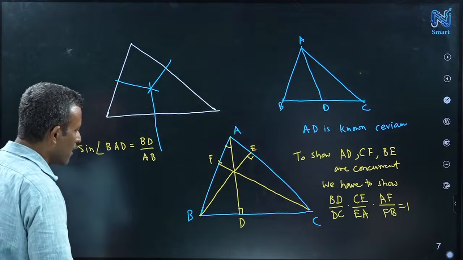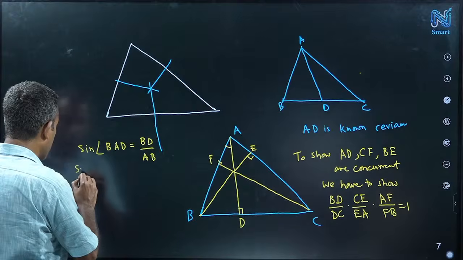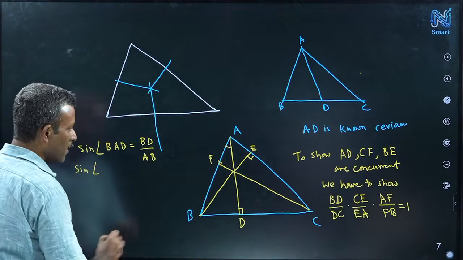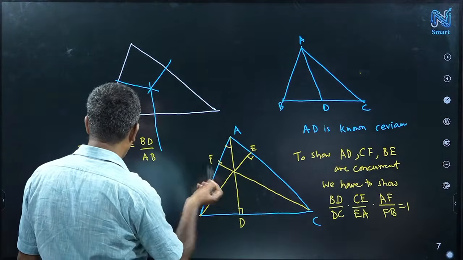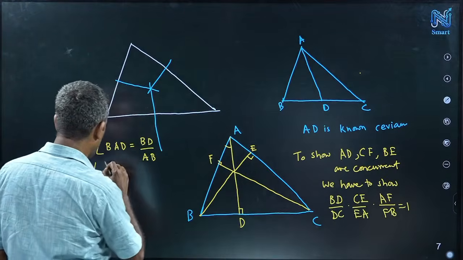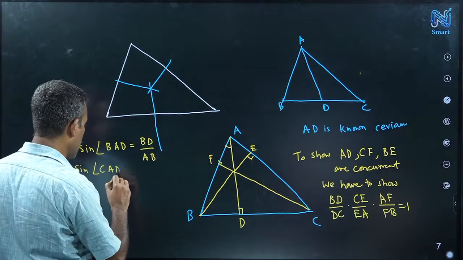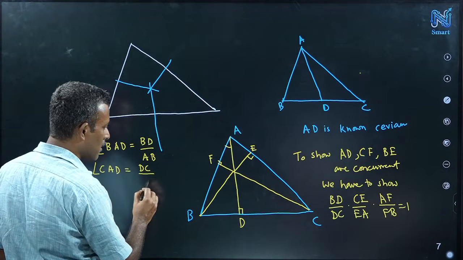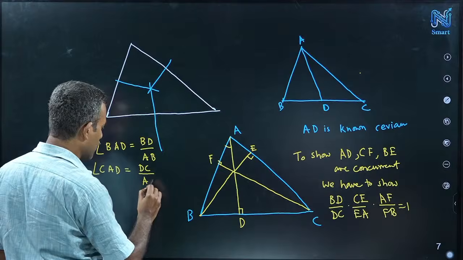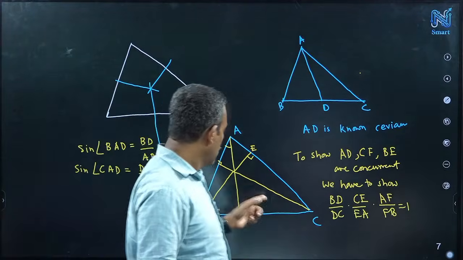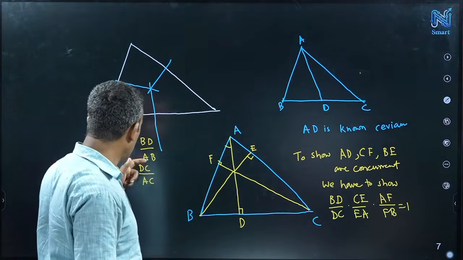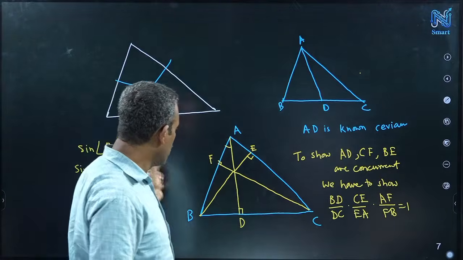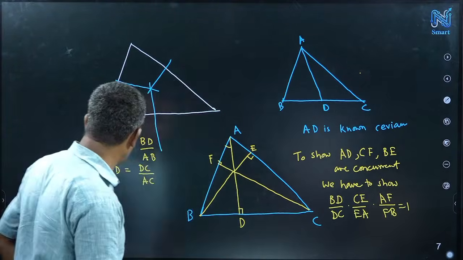We have to take which angle? The sine of CAD, right? CAD is DC by AC. What about this? We have this BD, this BC, DC, and then C. What is C?